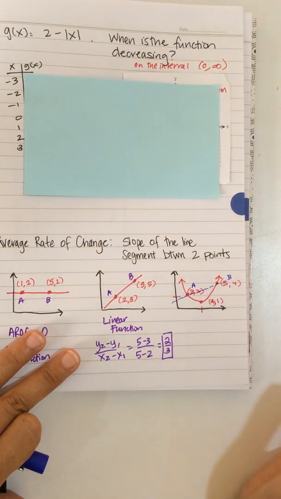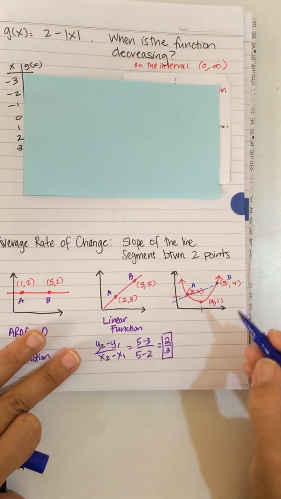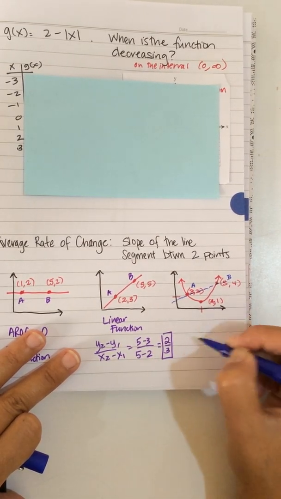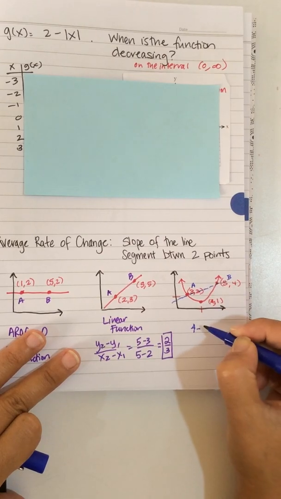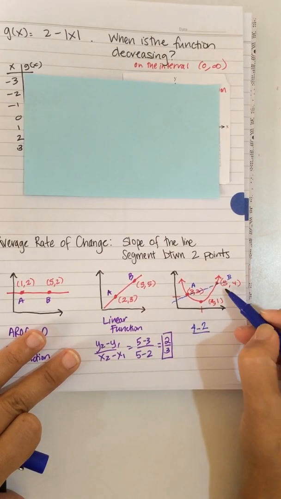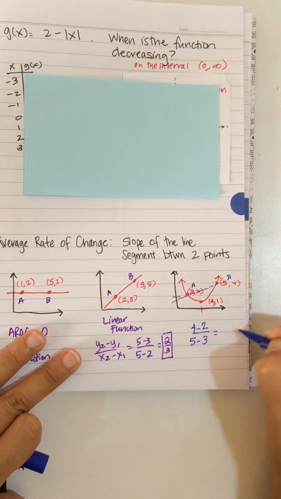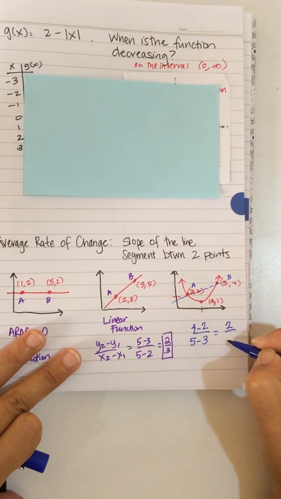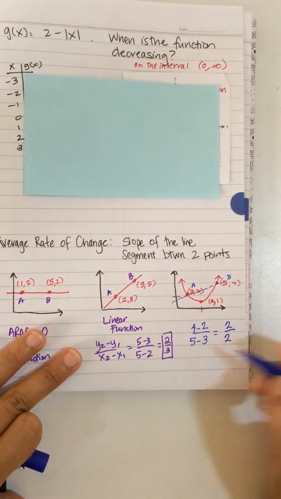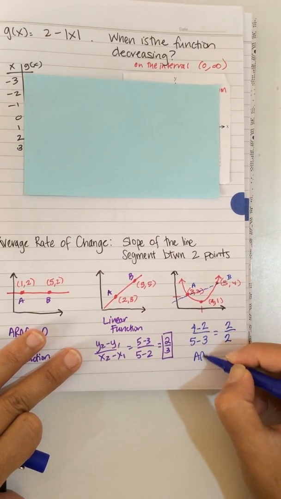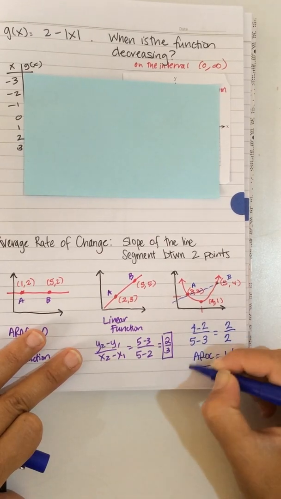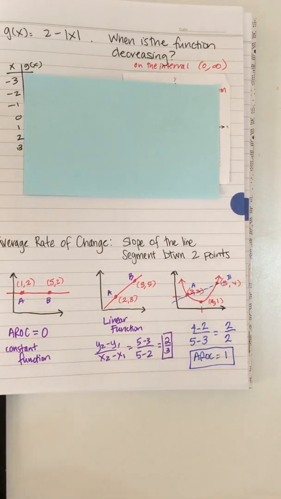That's the same as we did here. We're going to do y2, which is 4, minus y1, which is 2, over x2, which is 5, minus x1, which is 3. So the average rate of change between those 2 points is 2 over 2, which is just a positive 1, okay?